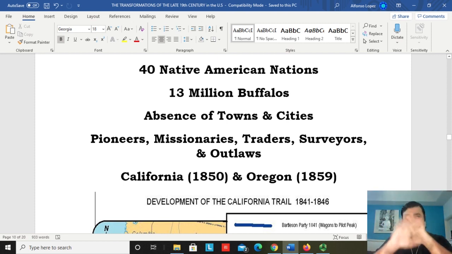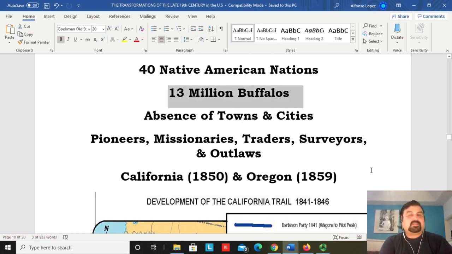Then in some cases, although not all of them, they had certain established territories that they claimed some form of entitlements to. In other words, there were specific regions that those nations claimed ancestry to, that their ancestors came from this land, so they claimed entitlements to the use of the resources. There were also 13 million buffaloes roaming around this region.